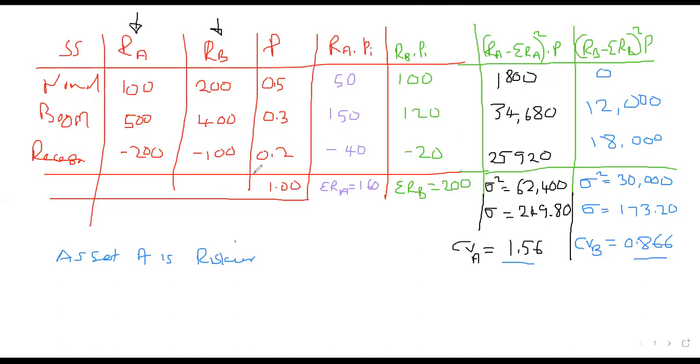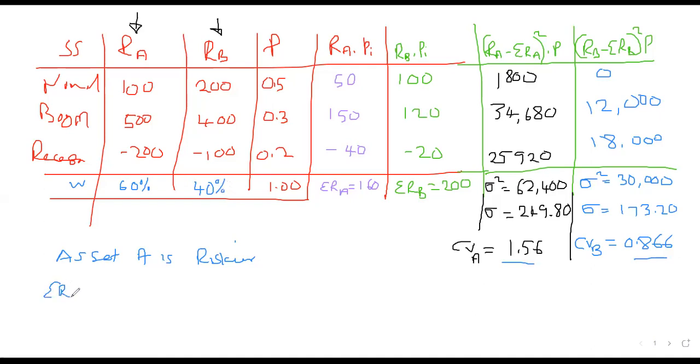All right. Suppose we are told that this investor decided to invest with weights as follows. In asset A, he invested 60% of his money. In asset B, he invested 40% of his money. They ask you to calculate the portfolio expected return.